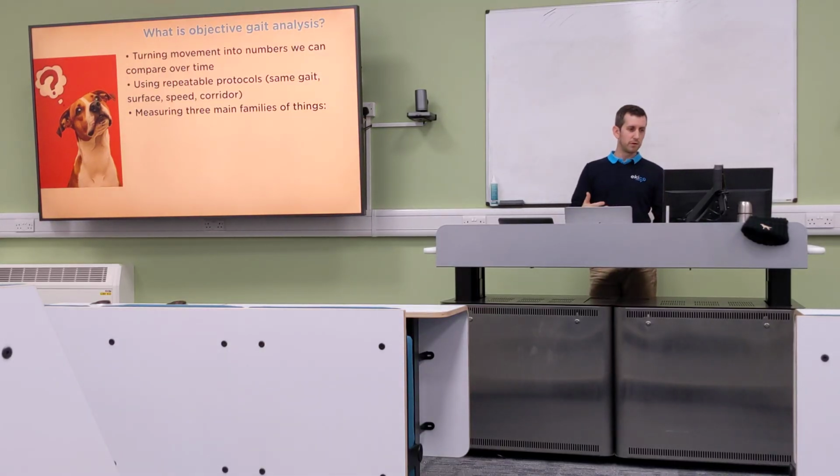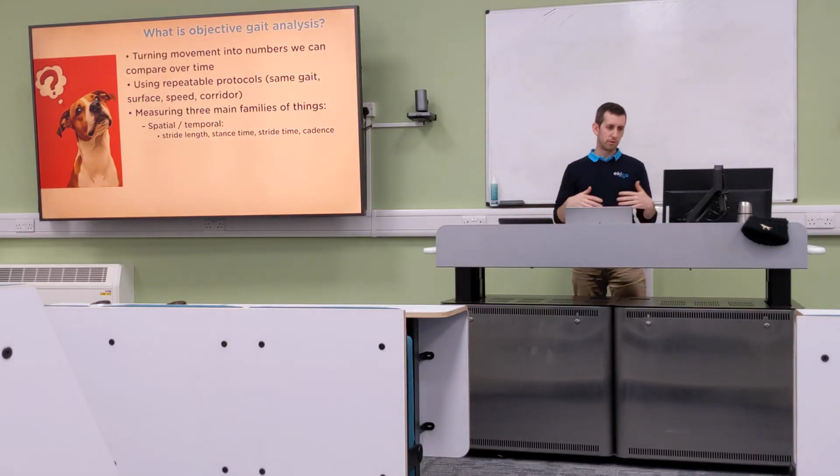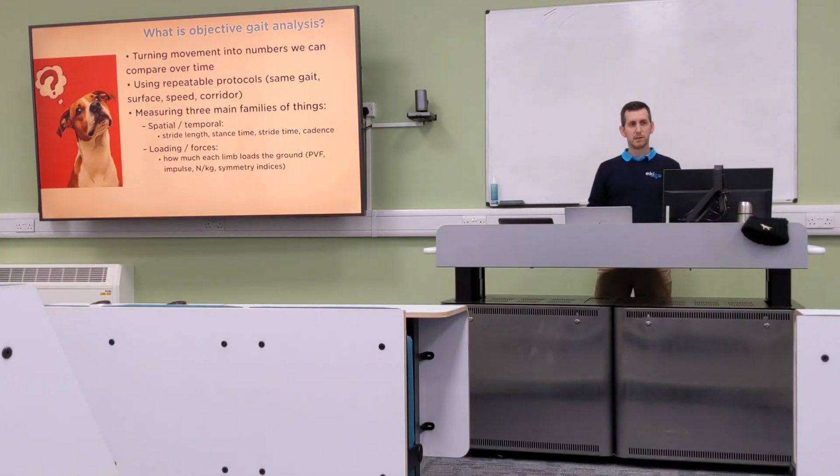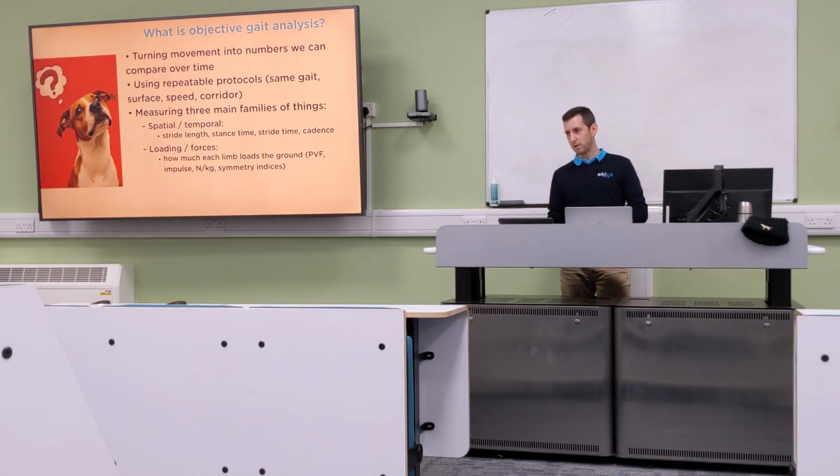And for the measurement, there are three main families of things that you will always see, whether it's with a static, with a dynamic, or anything. It is always the same. First of all, you have the spatiotemporal parameters. So it is basically the stride length, the stance time, the stride duration, the cadence, all of that. So it is how fast and how far the dog or the limb can go. Then you have the loading or the force. So basically, it is how much weight is on the limb when it touches the ground.